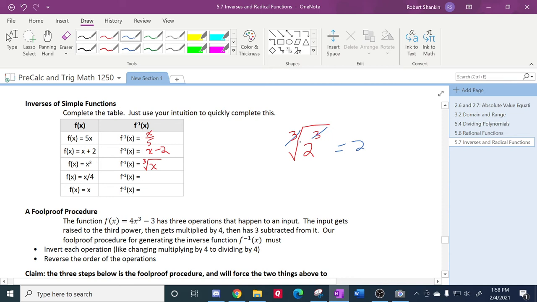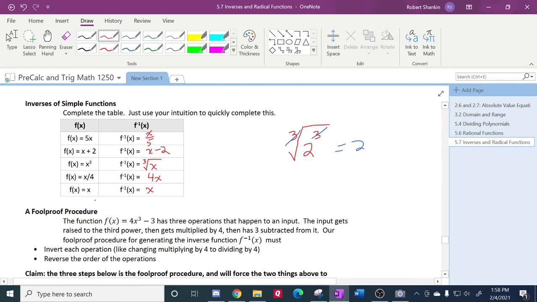Cube root of 8 is back to 2. These things totally undo each other. And there's nothing that has to happen here. If you do f inverse of f, you get back to x again, because you're already back to x.